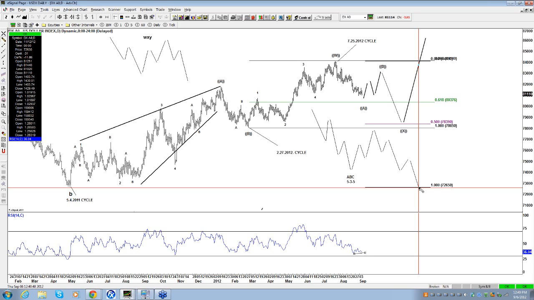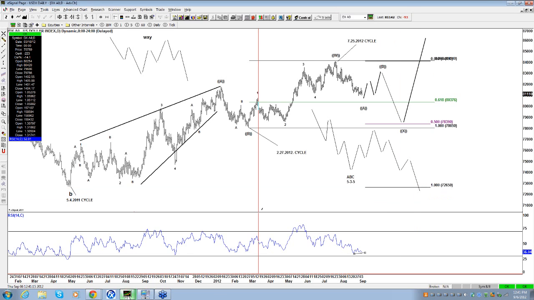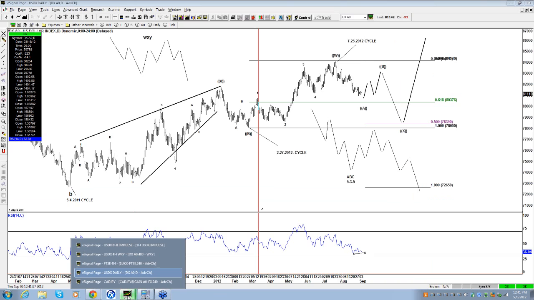We should know within the next 48 hours. Tomorrow is the non-farm payroll, and maybe the market moves.